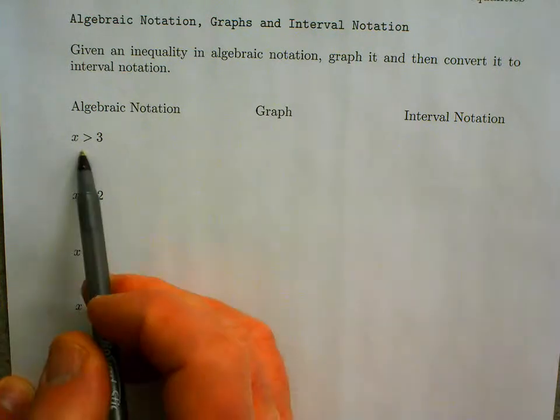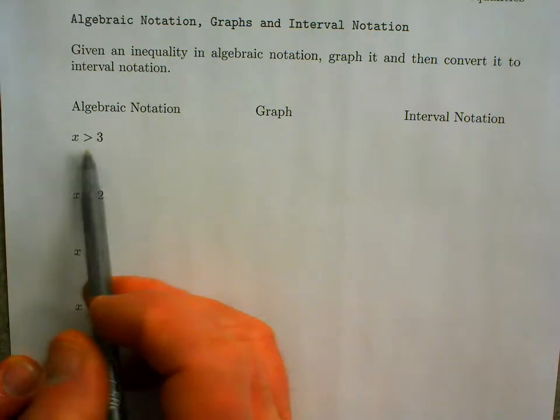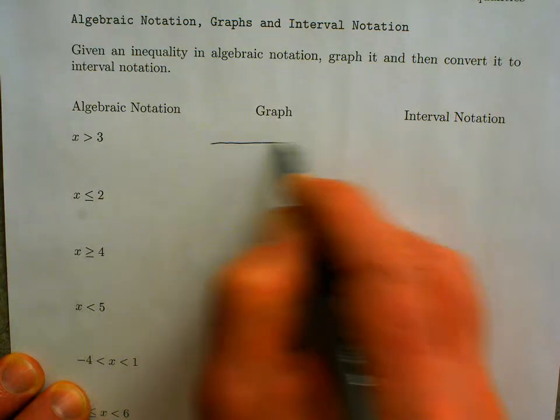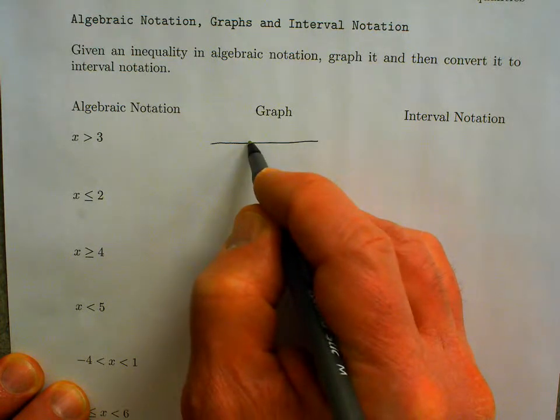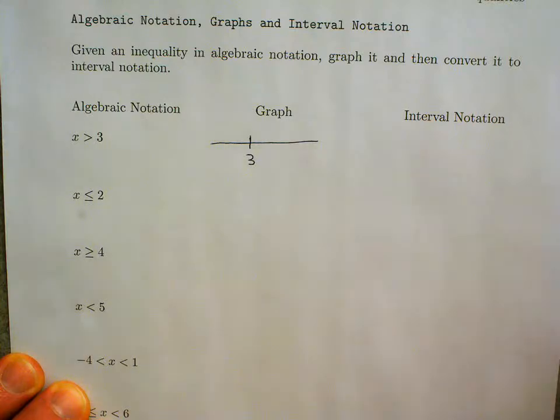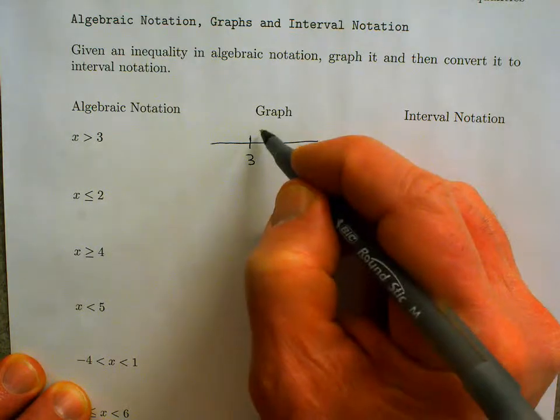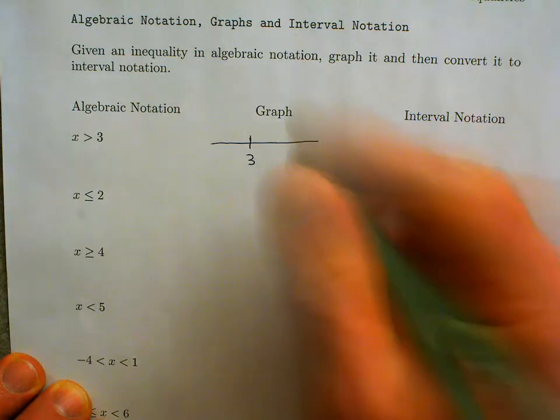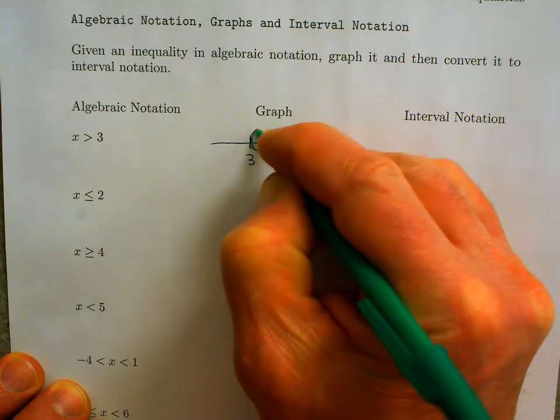Okay, so this one, x is greater than 3, that's the algebraic notation. If we graph it, we plot the number 3. And x greater than 3, we'll use the parenthesis opening to the right.